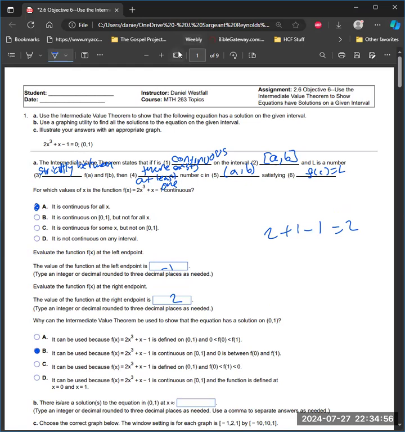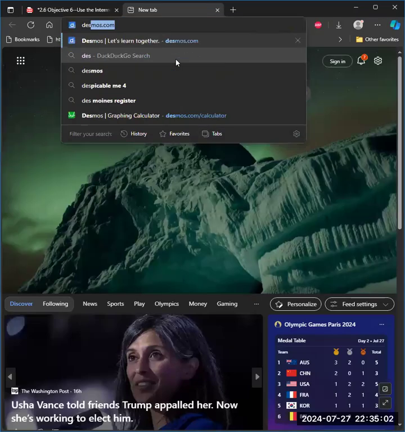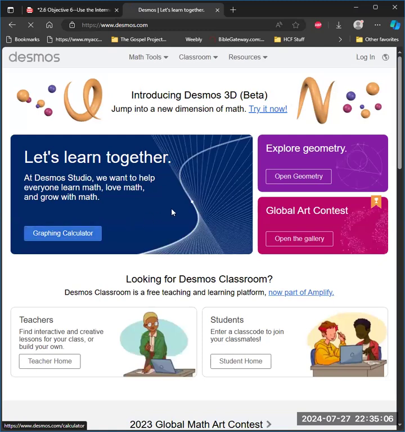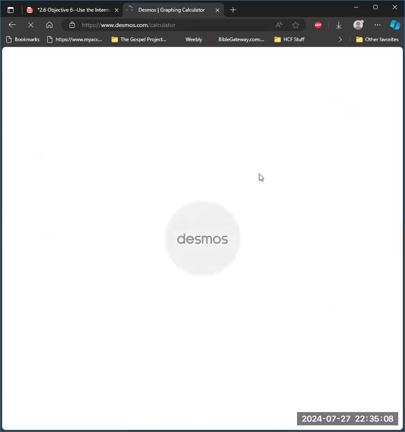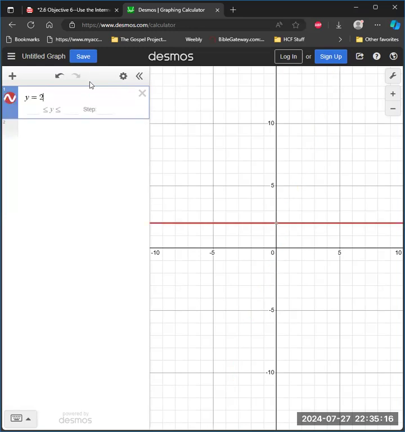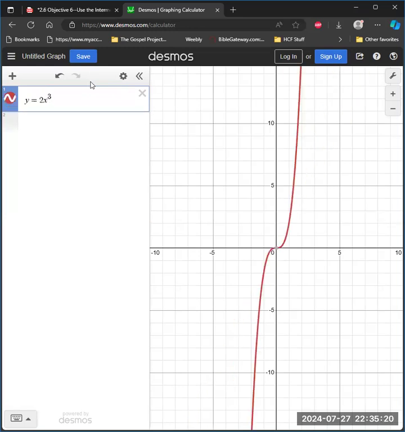So this is going to be y equals 2x cubed plus x minus 1.